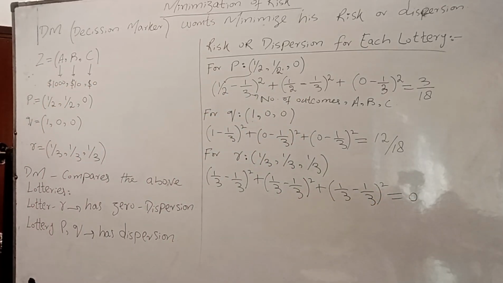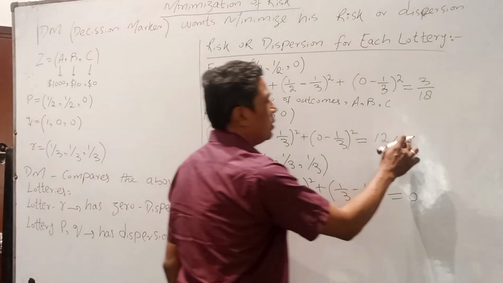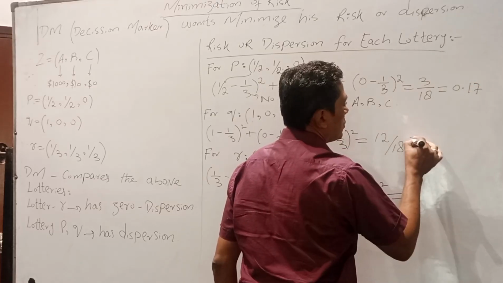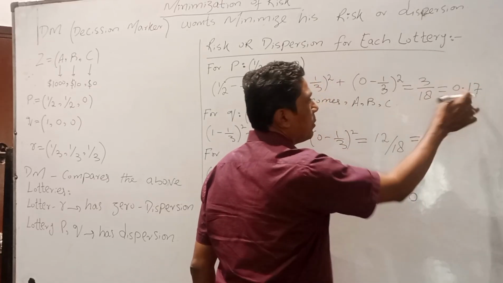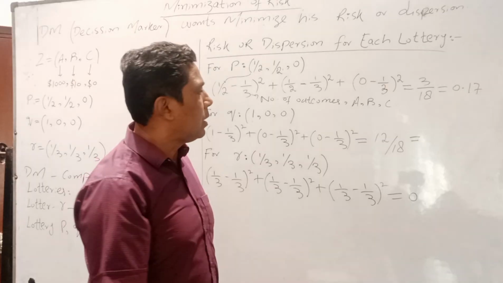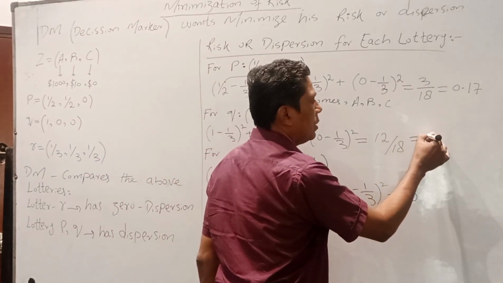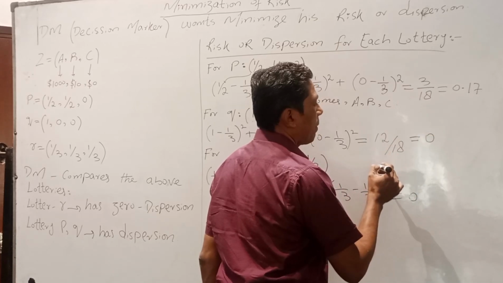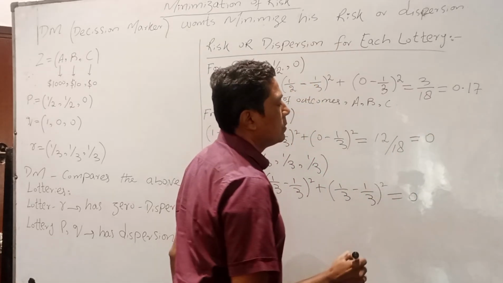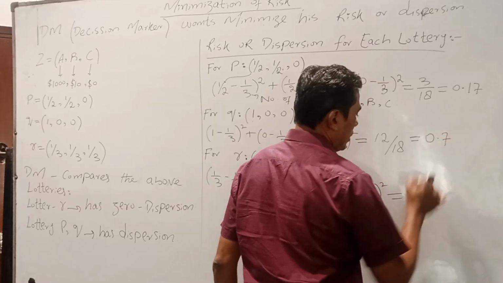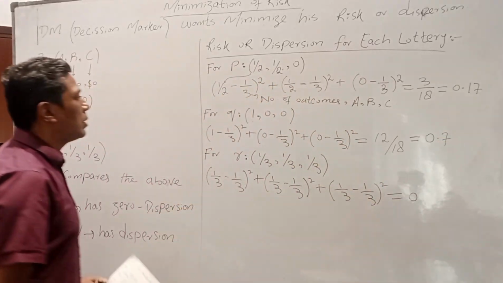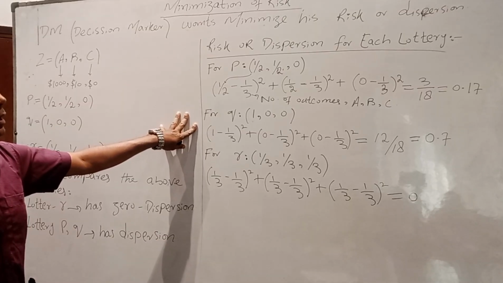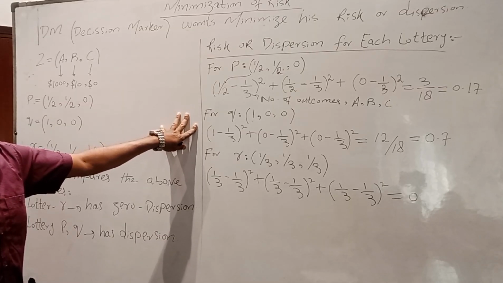So the values are about 0.17 for P, 0.7 for Q, and 0 for R. It means that now you can observe that lottery Q has the highest value of dispersion. Clear?